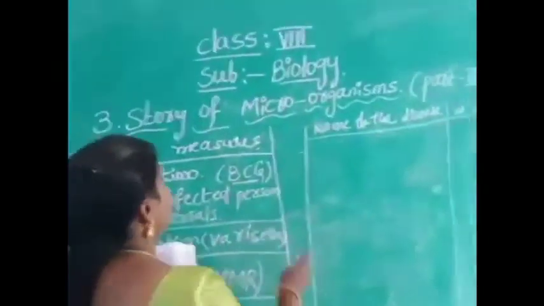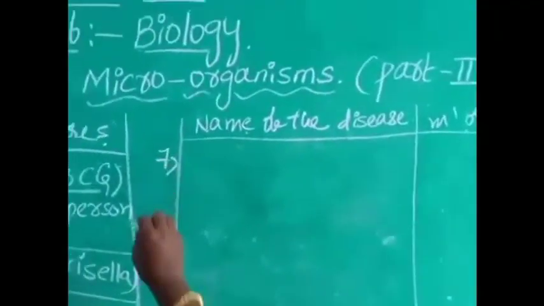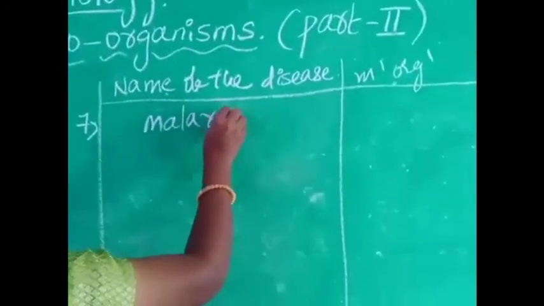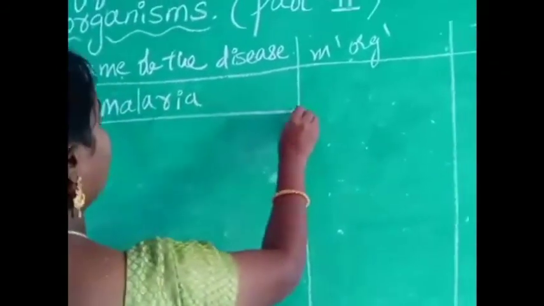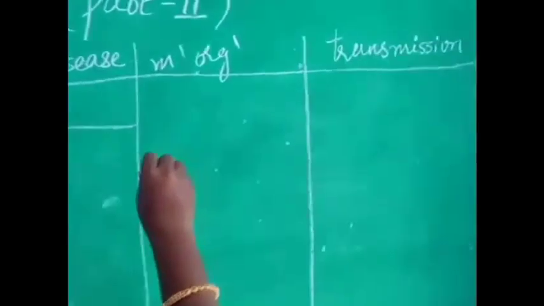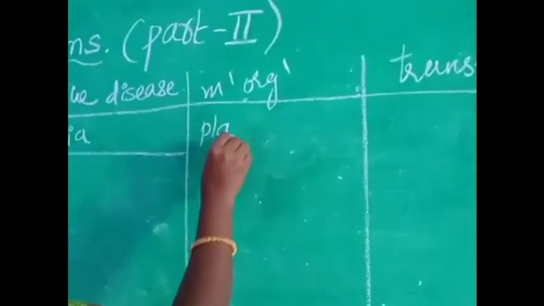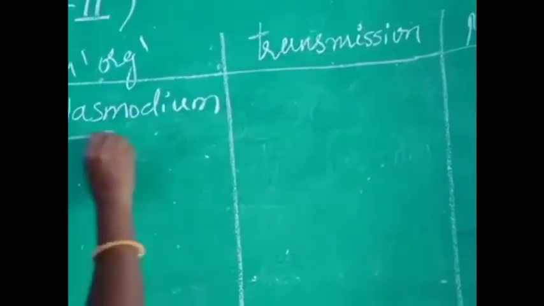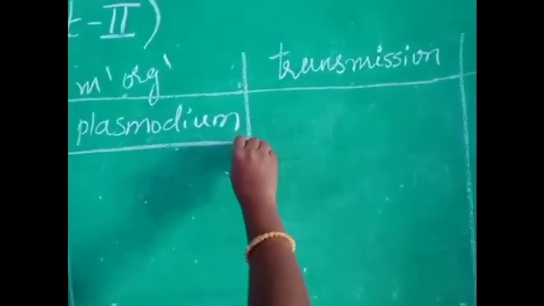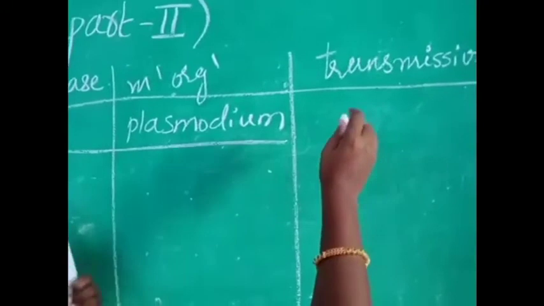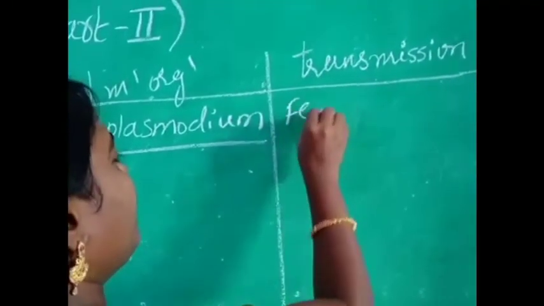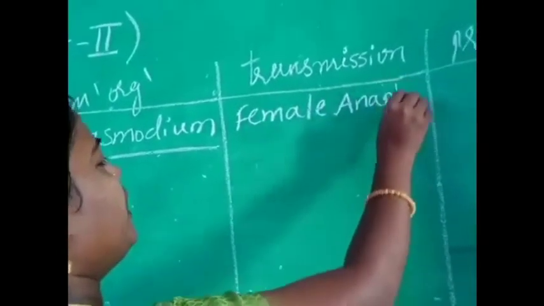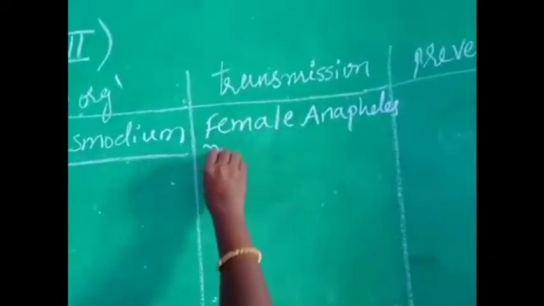Next, the seventh one, malaria. Very important. Malaria is caused by plasmodium, which is transmitted through the female Anopheles mosquito.